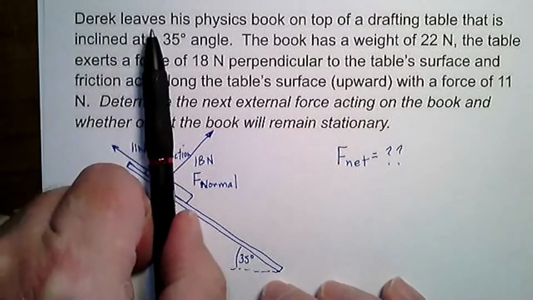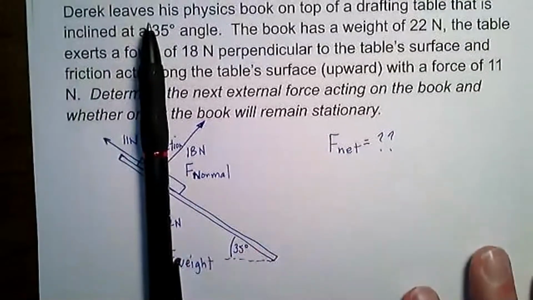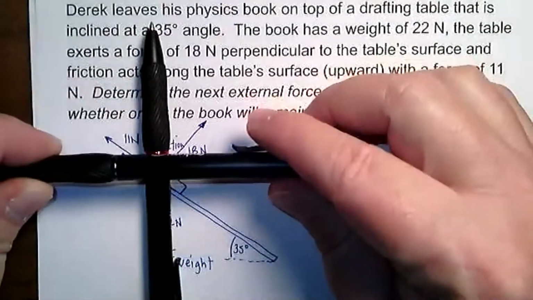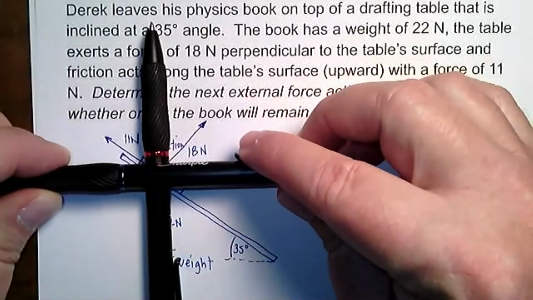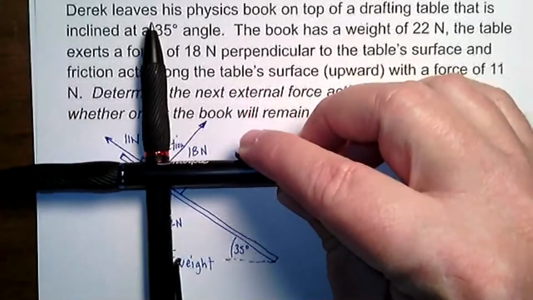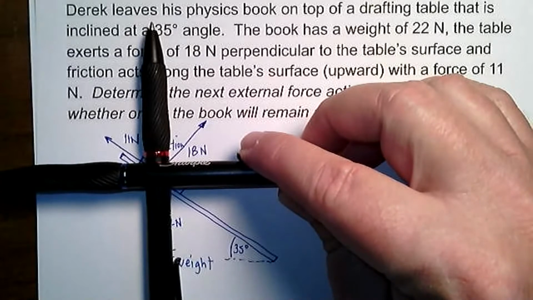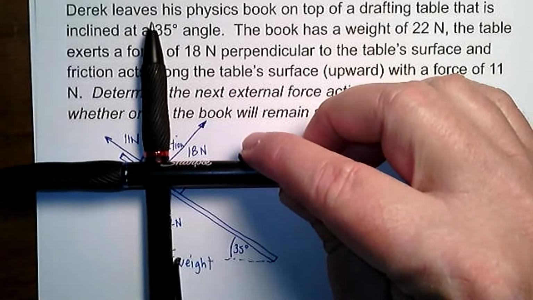So if I think about this, that would be my y-axis. And if I take another pen and set it on here, that would be my x-axis. The problem that we have if we do it this way is, in the end, I'm going to have to figure out what components of those forces are in the x direction, and what components of these forces are in the y direction.